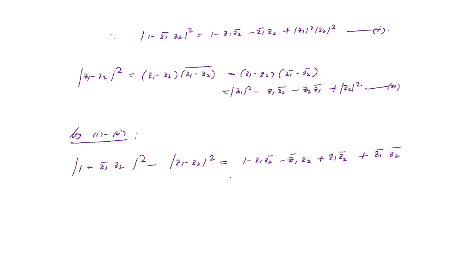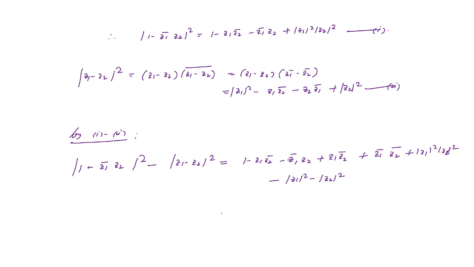Obviously here you will see one thing, this quantity: z̄1² z̄2² modulus squared minus |z1|² minus |z2|².